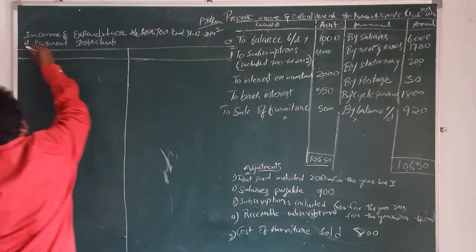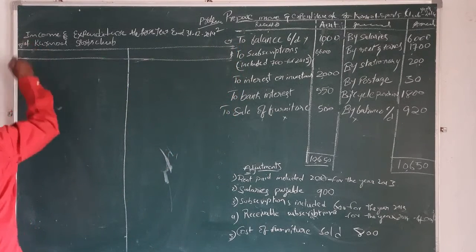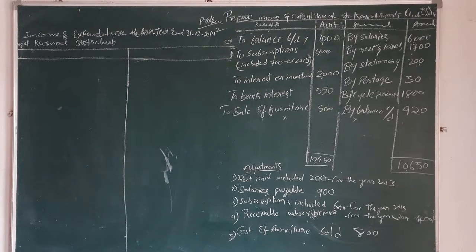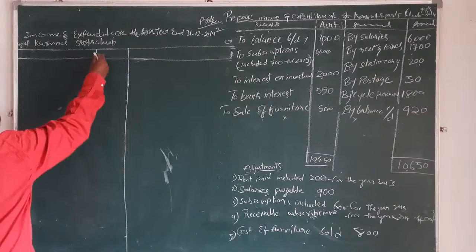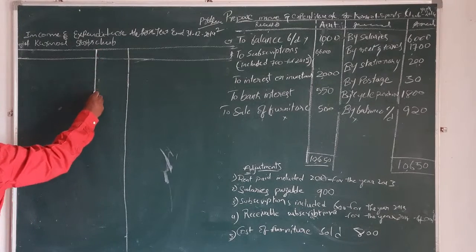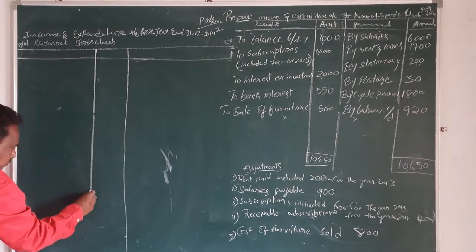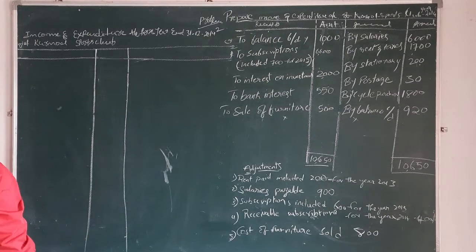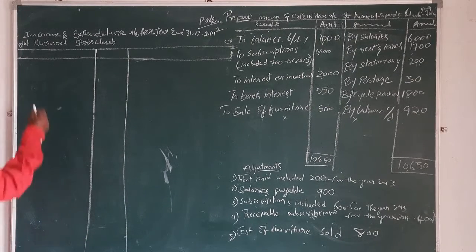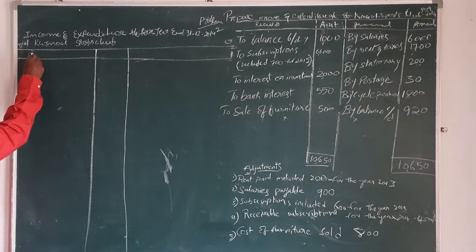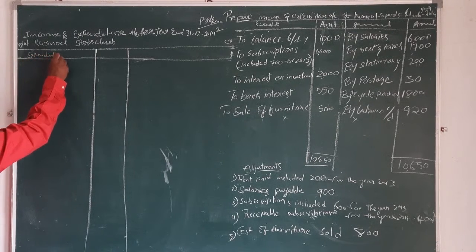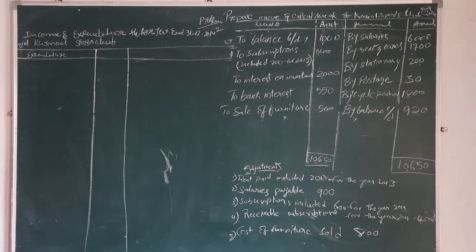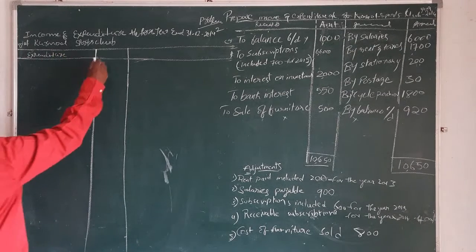CR, DR. Again, the debit side can be divided into another column. Expenditure column, expenditure or particulars. Amount column.